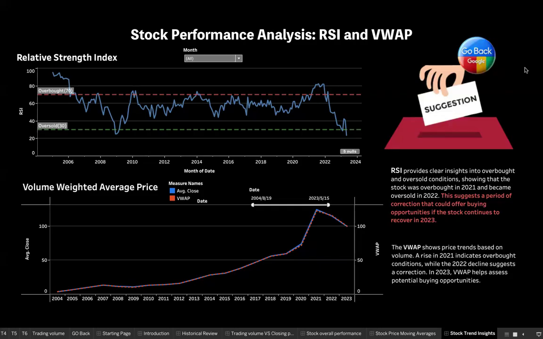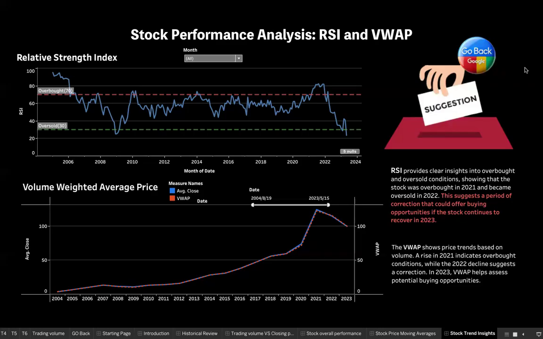Then in 2022, both VWAP and average close show a substantial decline, confirming the market corrections. Moving into 2023, the VWAP suggests more price stabilization, which could indicate that the market is settling after the drop and may be presenting a potential buying opportunity as the stock recovers.